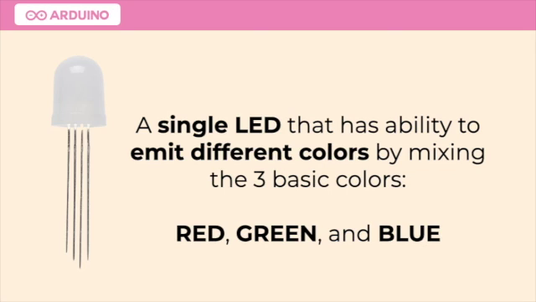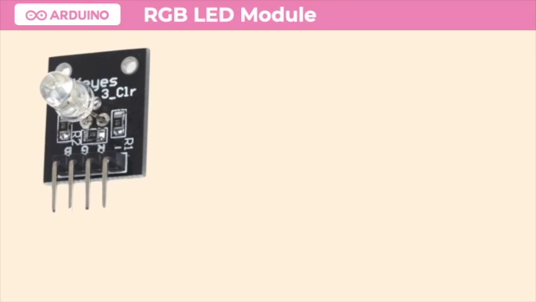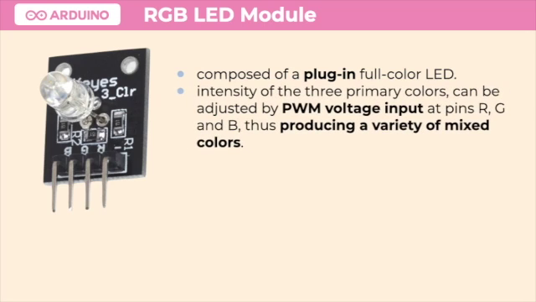You can also use an RGB LED module in your Arduino project. The RGB LED module is composed of a plug-in, full-color LED. The intensity of the three primary colors, namely red, green, and blue, can be adjusted by the PWM voltage input at pins R, G, and B, thus producing a variety of mixed colors.